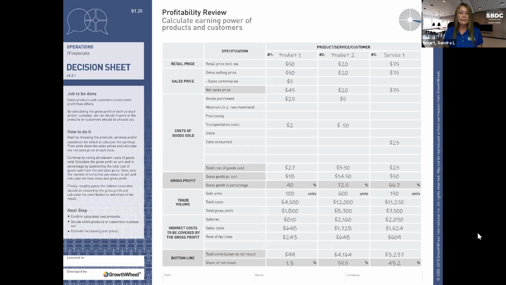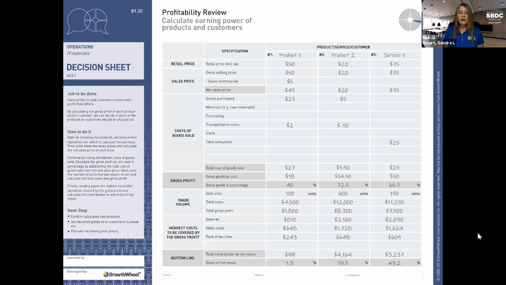This example is monthly. So 100 units of product 1, 600 units of product 2, and 150 units of service 1. Calculating your total sales and then your total gross profit. Numbers are great, but percentages really help tell the story and allow you to compare quickly.